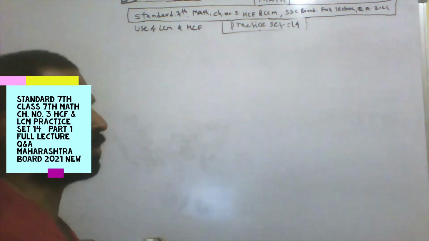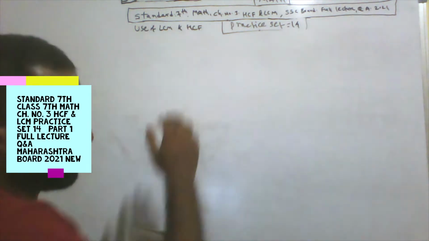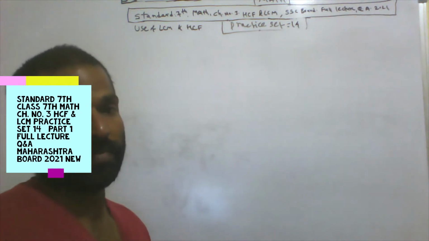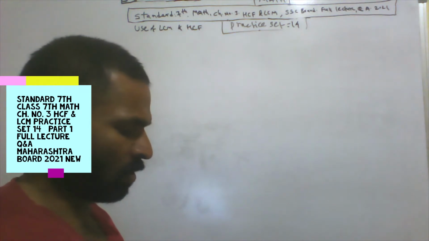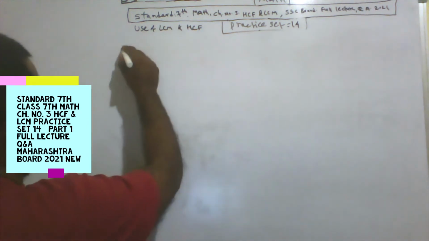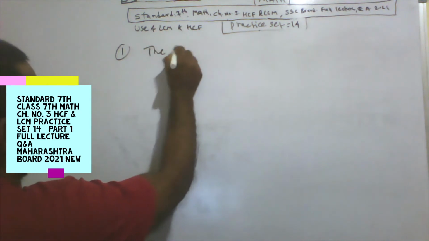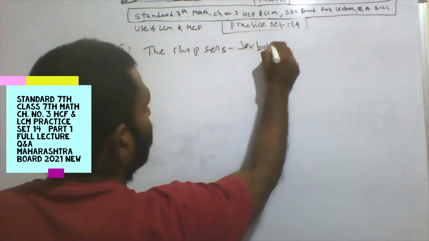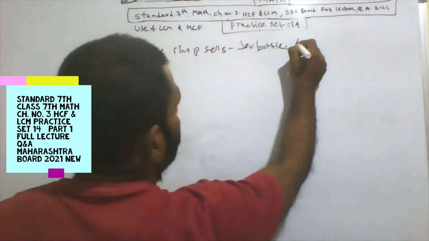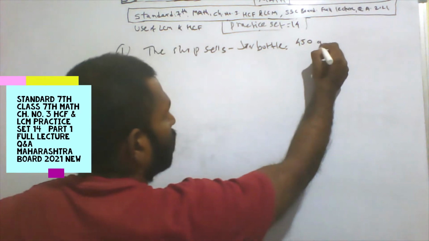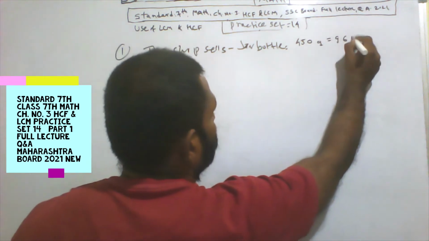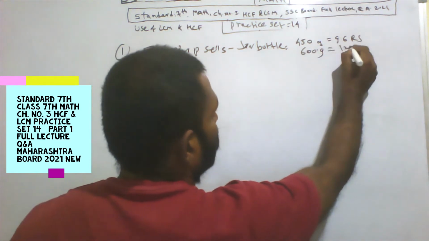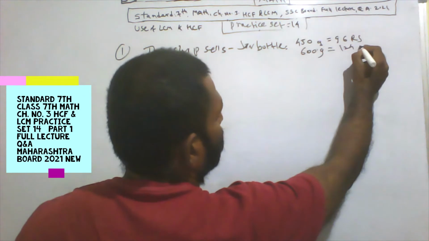Let's go on to the topic use of LCM and HCF. There is a word problem about a shop that sells jam bottles: 450 gram for 96 rupees and 600 gram for 124 rupees.